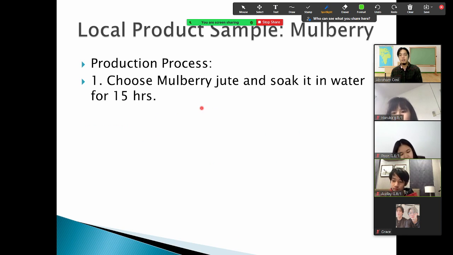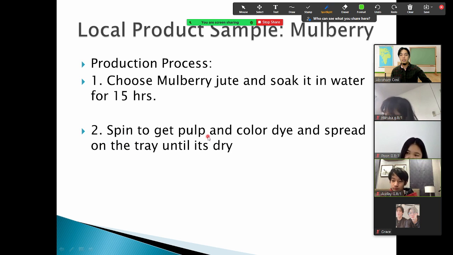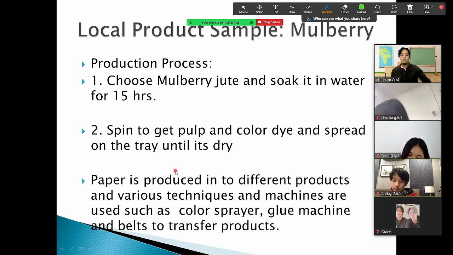Step 1, choose the mulberry jute and soak it in water for 15 hours. Next, spin to get the pulp and spread it on the tray until it's dry. If it's dry, it will produce paper which can be made into different products.